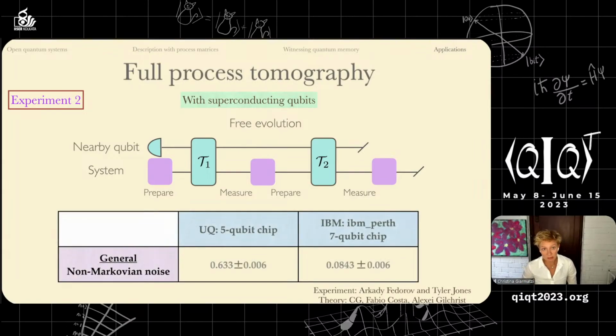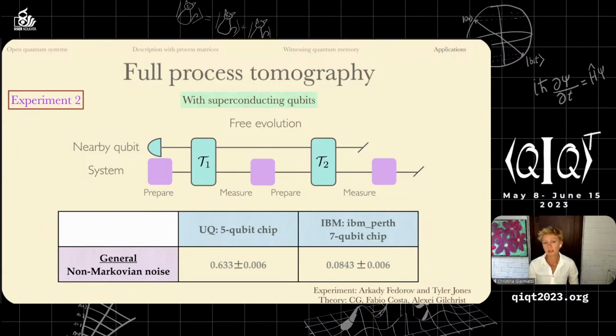So this is the result. By taking this measure and prepare data, we obtained informationally complete data. So we obtained all the information we needed for tomography. So we did tomography, which means we obtained the process matrix. And then from the process matrix, we had everything we wanted.